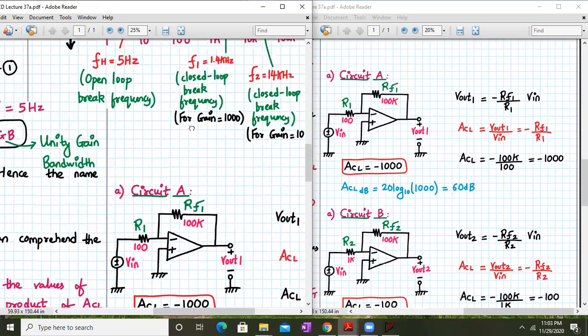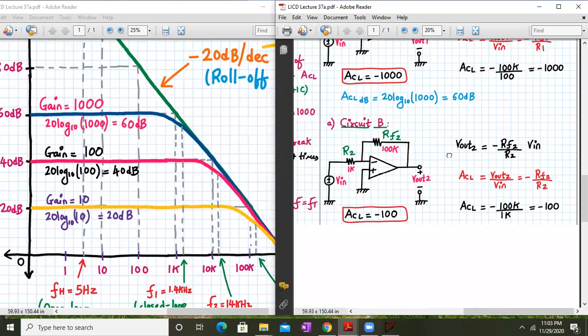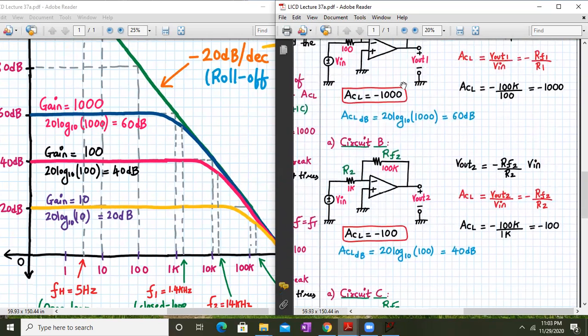Fine. Now let's go to circuit number B. Let us open that and keep it ready. For circuit number B, the difference is that the R2 resistor is 1 kilo ohm. In the previous case it was 100, now it is 1K. The closed loop gain is given by minus 100K divided by 1K, and the mod of it will be 100.